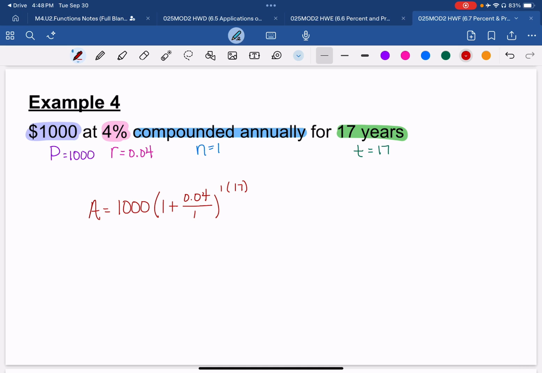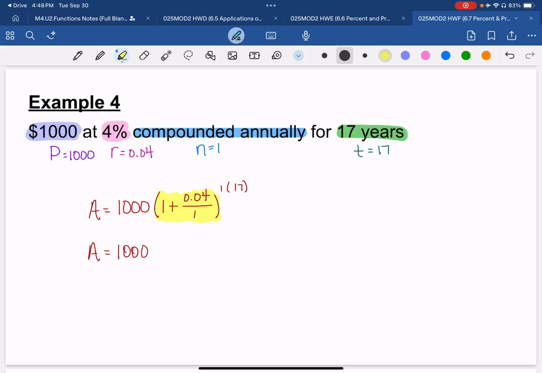Then I'm going to plug all that into my calculator. You can plug it all in at one time, or you can plug it in piece by piece. It's up to you.